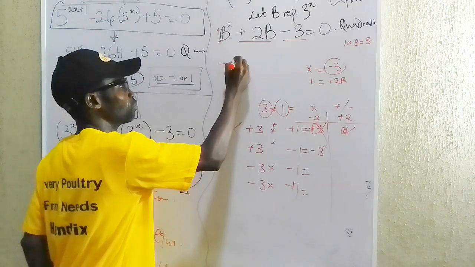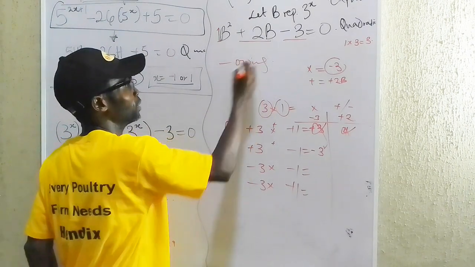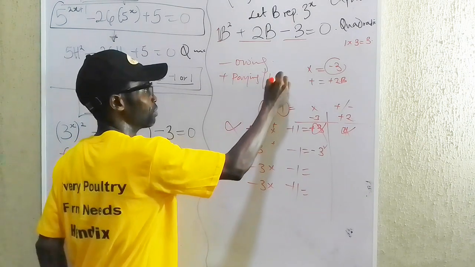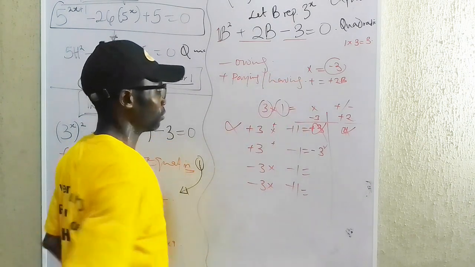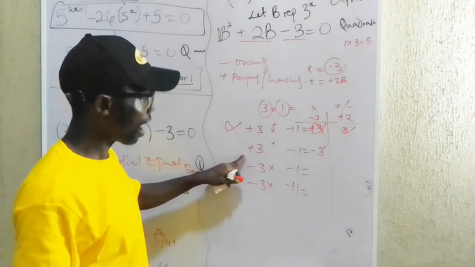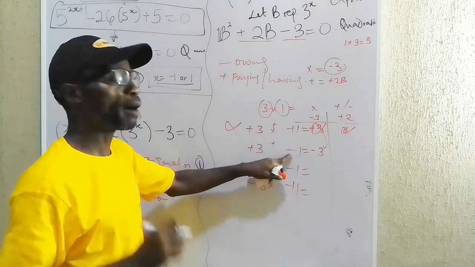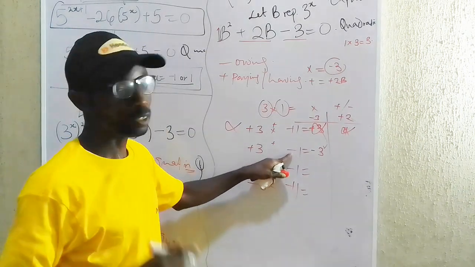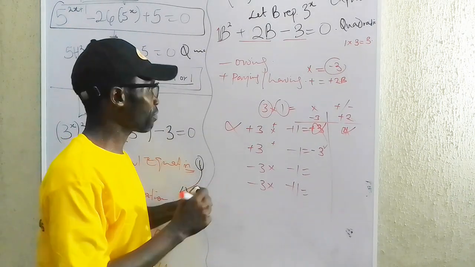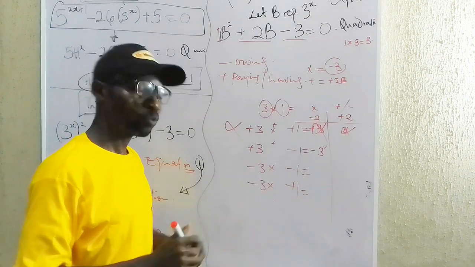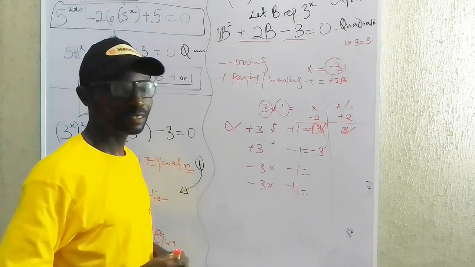Remember, minus means owing, plus means paying or having. Now, I have $3 and I am owing $1. If I pay the $1, question number 1, am I still owing?